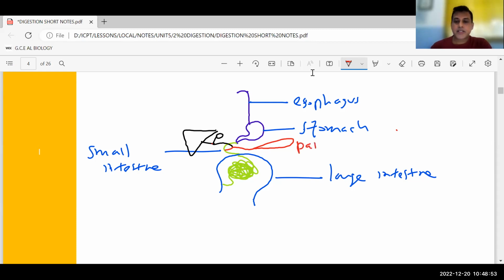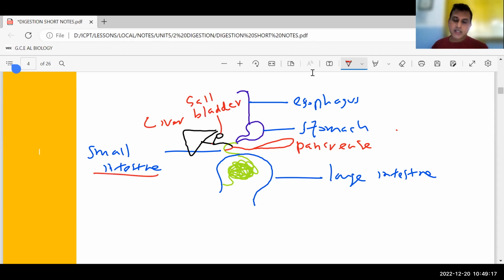This is the pancreas, this is the liver, this is the gallbladder. We learn later on the hepatic duct, pancreatic duct, and hepatopancreatic duct. So these ducts bring fluid to the intestine.